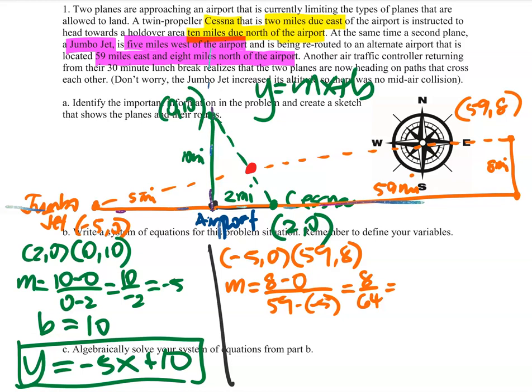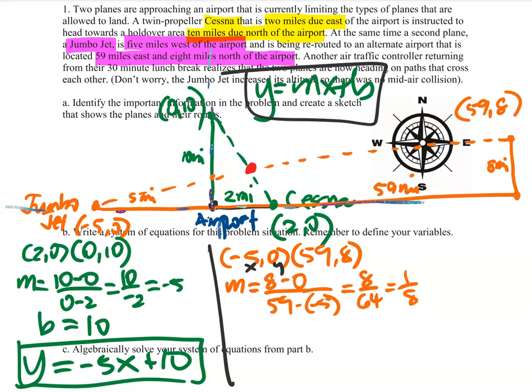They're both divisible by 8, so this is 1/8. And then we need to solve for the intercept. We can use either of these two points, so let's use the first one, (-5, 0), as your x and y.